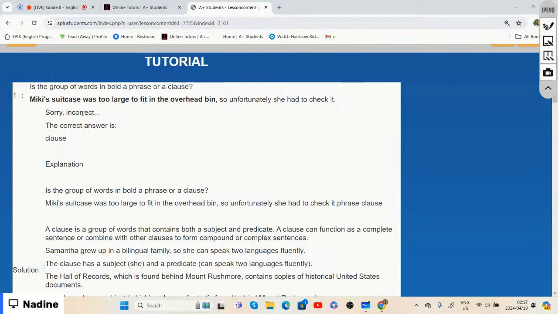So now we need to say, is it a clause or is it a phrase? Remember we said a clause is a group of words that contains a subject as well as a predicate. It can stand on its own as a simple sentence, compound sentence, or complex sentence.